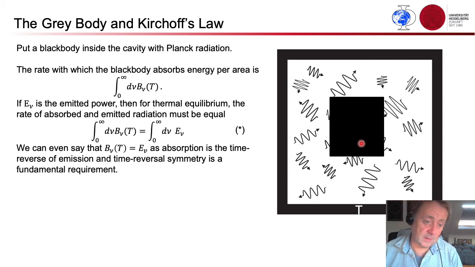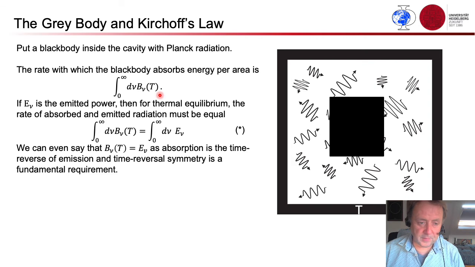And now we calculate the absorbed energy per area of our body in our container. Doing so, we end up with the integral from frequency 0 to infinity of the Planck radiation. Actually, that's exactly the integral that we just discussed.